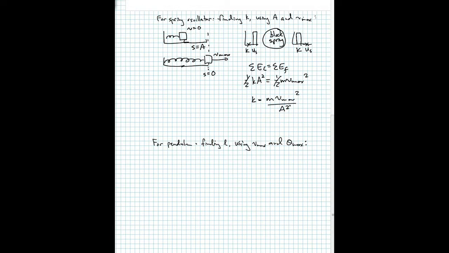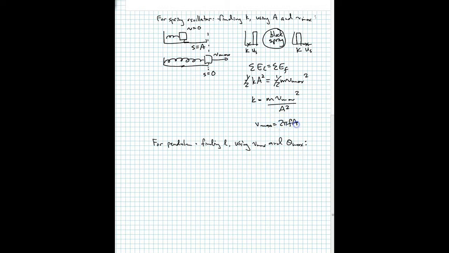If, instead of Vmax, we had maybe frequency, or period, equivalent, we could use our frequency relationship, and find our K. We could also use our time function.